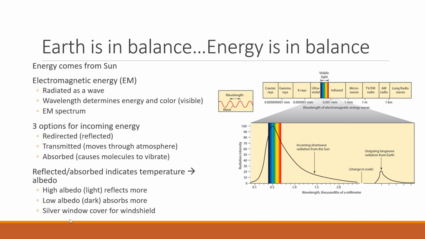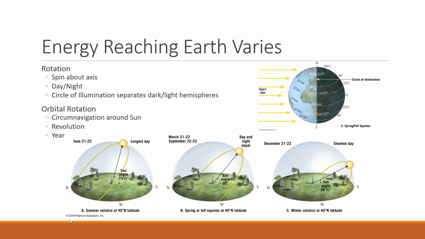It's coming as EM energy, and it's being redirected in all these different ways. That energy is going to hit the Earth in a variety of ways, because the Earth is a sphere. The Earth is a tilted sphere that's also rotating, and it's orbiting the sun. So that means we get variations in solar radiation across the planet and at different times of the year.